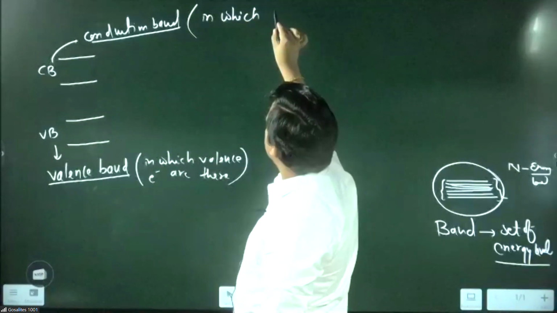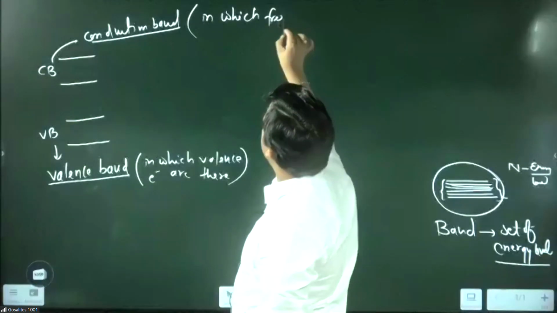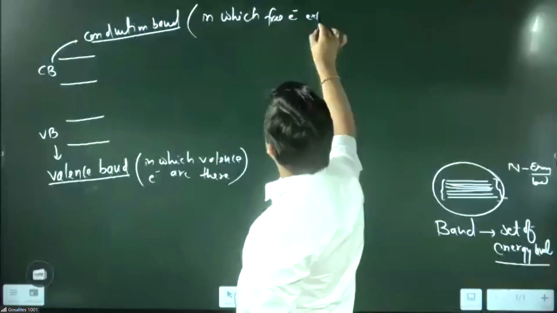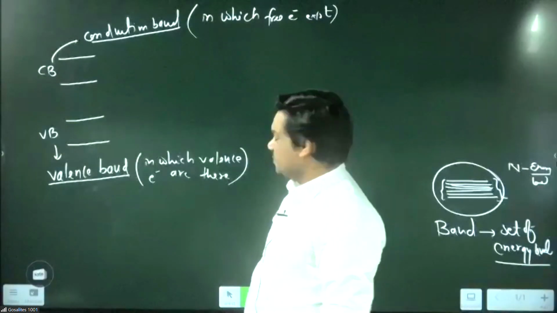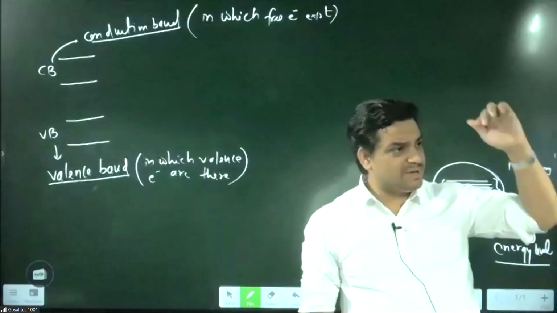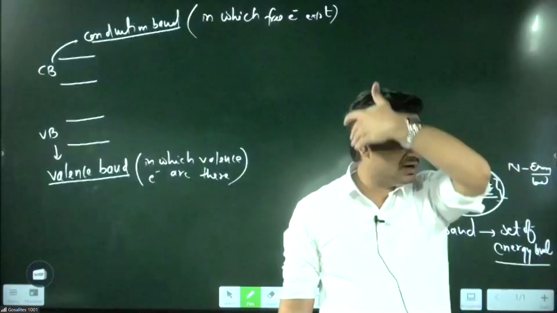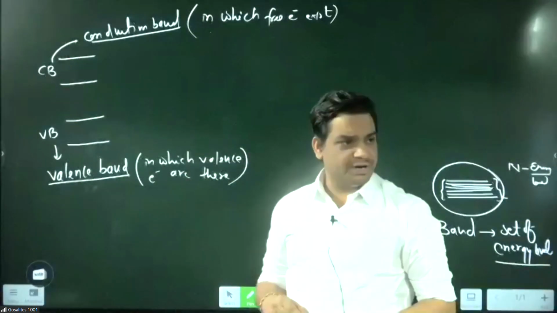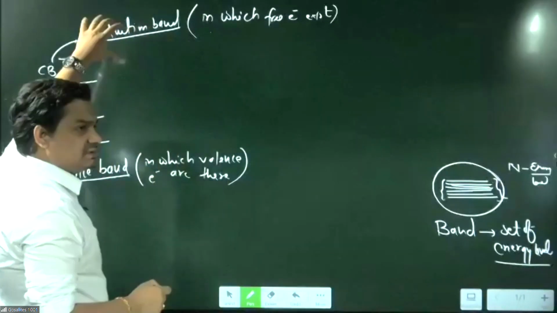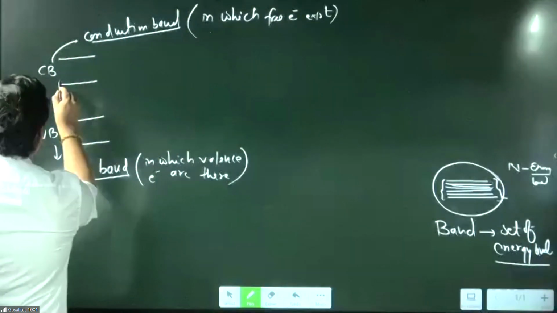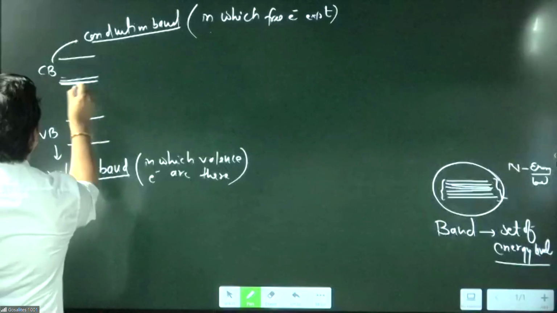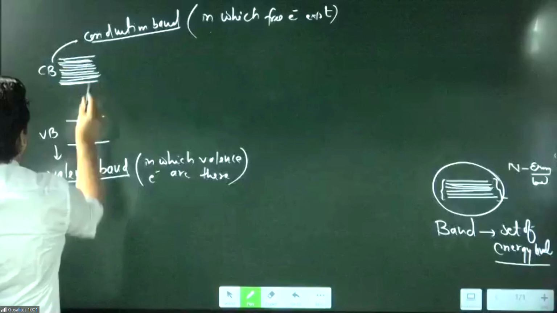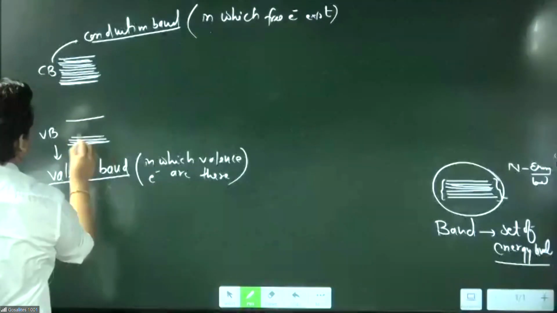It is the band in which conduction electrons, or we can say free electrons, exist. Between valence electrons and free electrons, which has more energy? Of course, free electrons have more energy. So here we have a set of energy levels, and in this one also a set of energy levels.